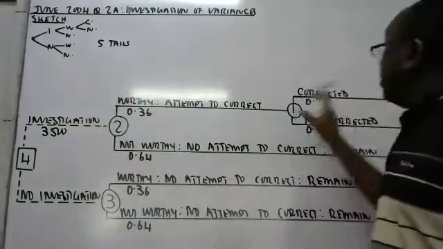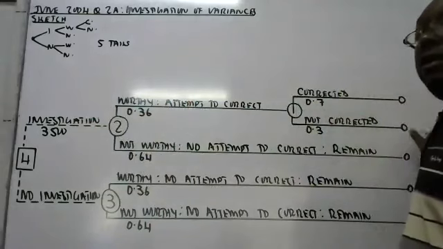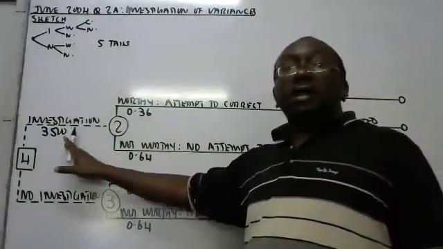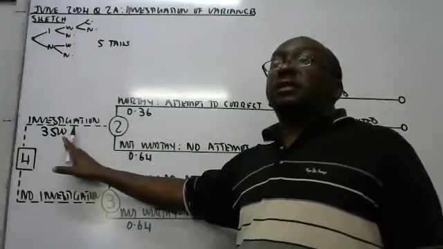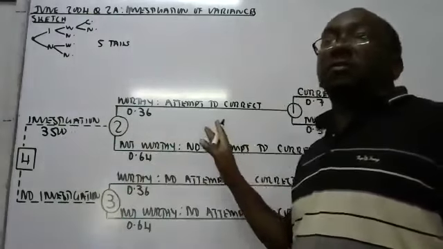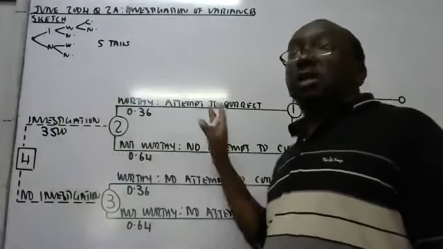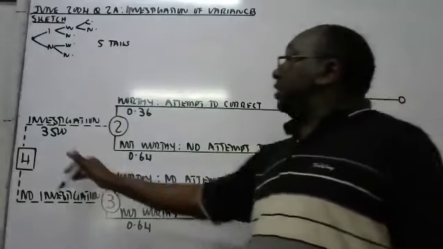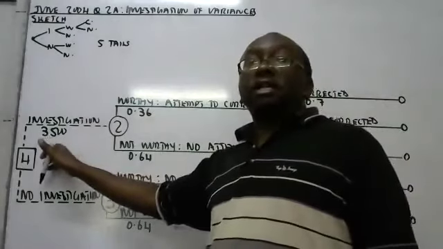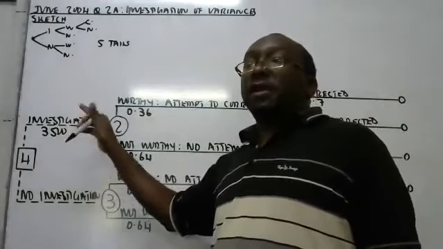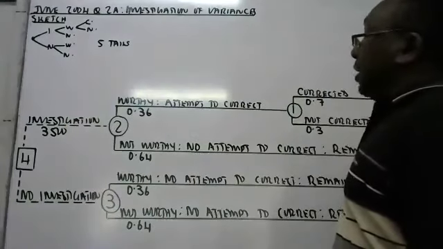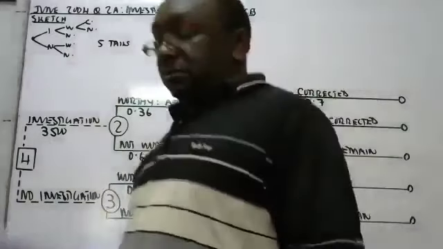So if there is revenue inflow here, then one should be positive and the other should be what? Negative. But if the diagram or the question has just revenues, then all are positive. If all are costs, then you leave them all positive. So don't be surprised why these are costs and not put in brackets. It's because this question does not have what? Revenue. But if we had revenue here, then this one would be put into brackets.